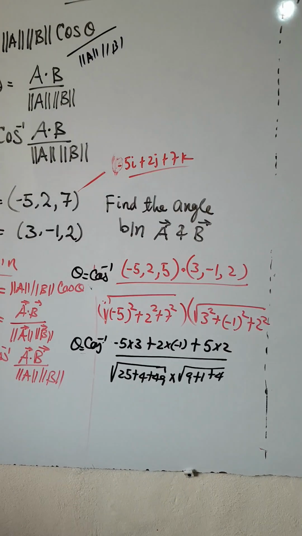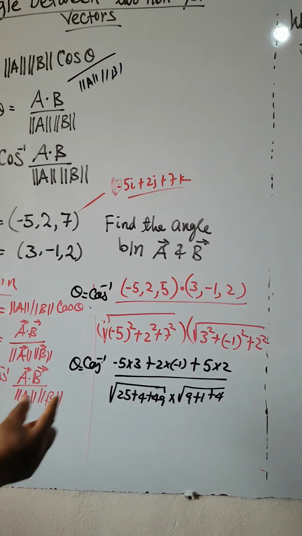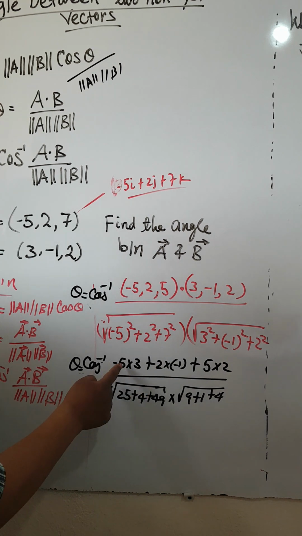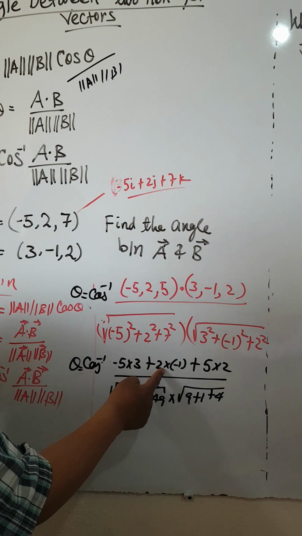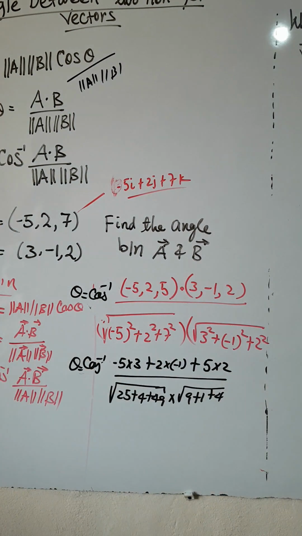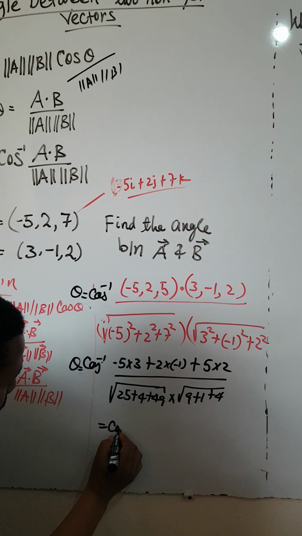So አሁን ደግሞ ምን እናያለን? የላኛውን ጠቅልለን ማስገባት እንችላለን። This is negative 15, this is negative 2, negative 15 plus negative 2 is negative 17, negative 17 plus 10 is negative 7.